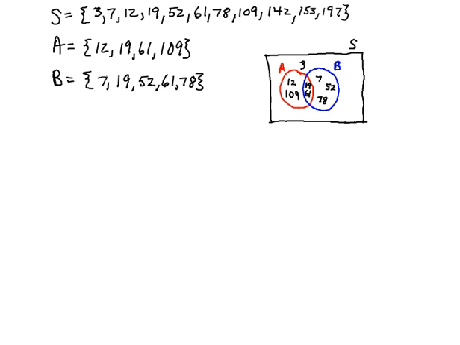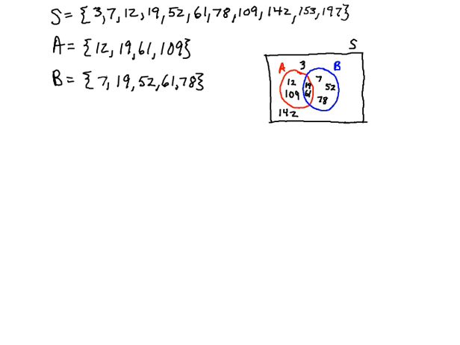The next value is, let's see, 7, 12, 19, 52, 61, 78. Yeah, so the next value would be 109. That's still in A. So the next value would be 142.